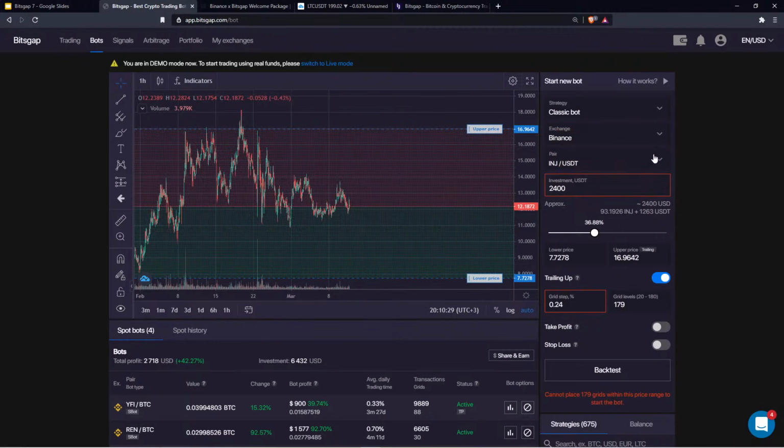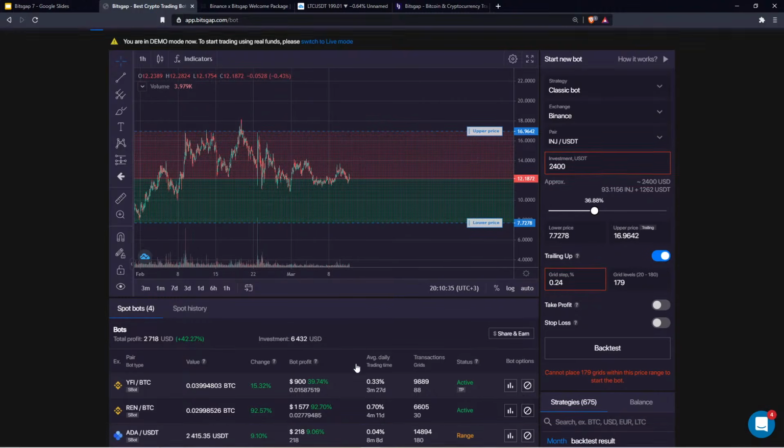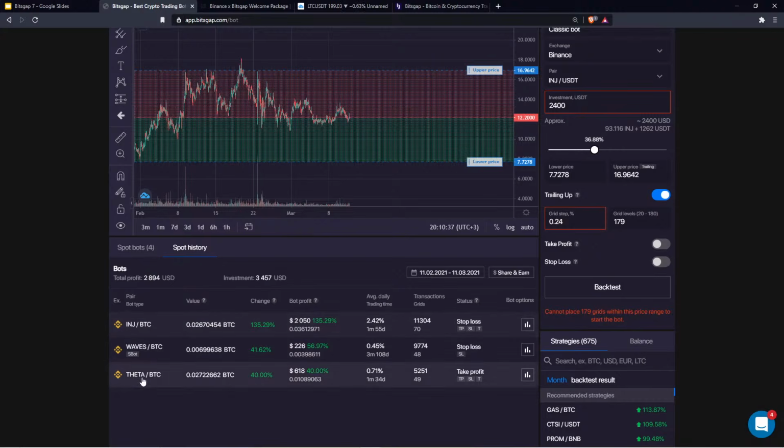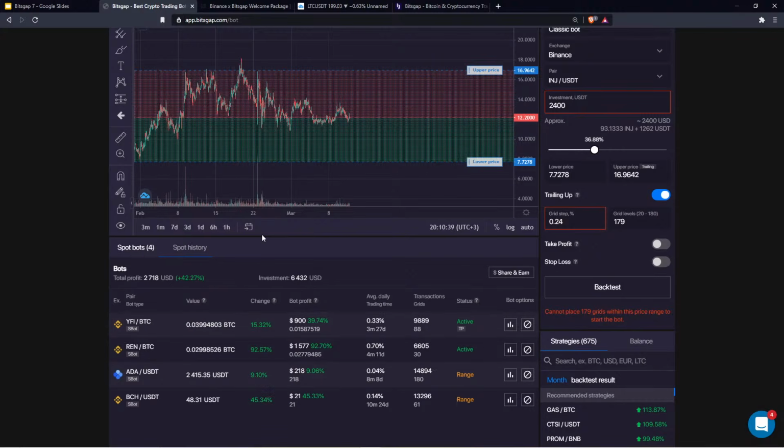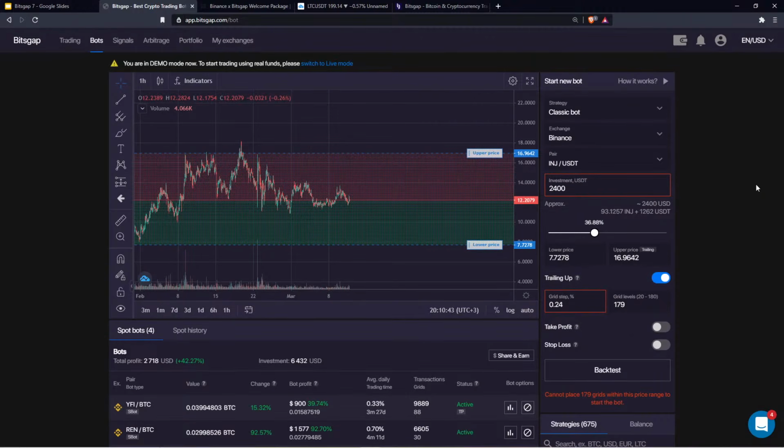Now I want 2,400. So now I can make the configuration, and this time I will not forget about the trading up, as I did with the iron trade the last time. So the answer is that you can only close the bot and then launch it once again with new settings.